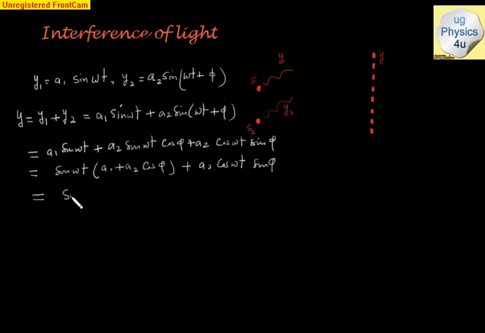I will write sine omega t times A cos theta, plus cos omega t times A sine theta, where I replace phi with theta.